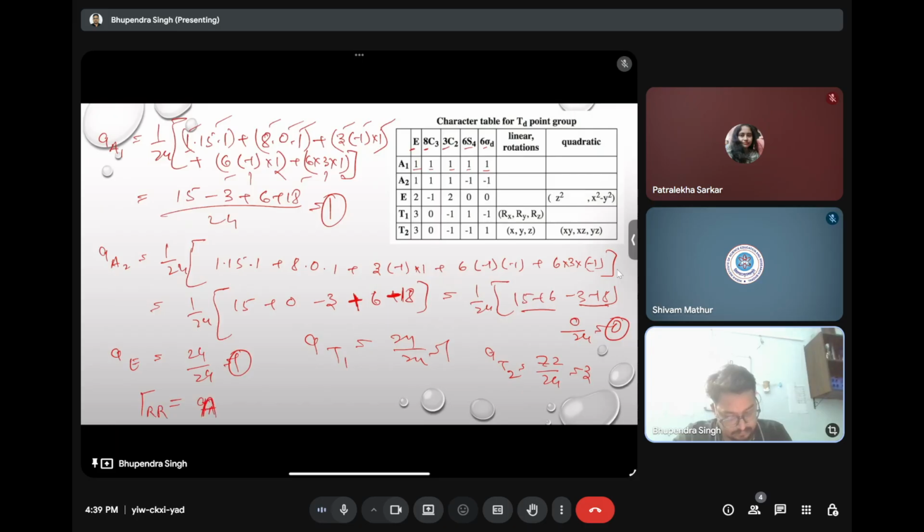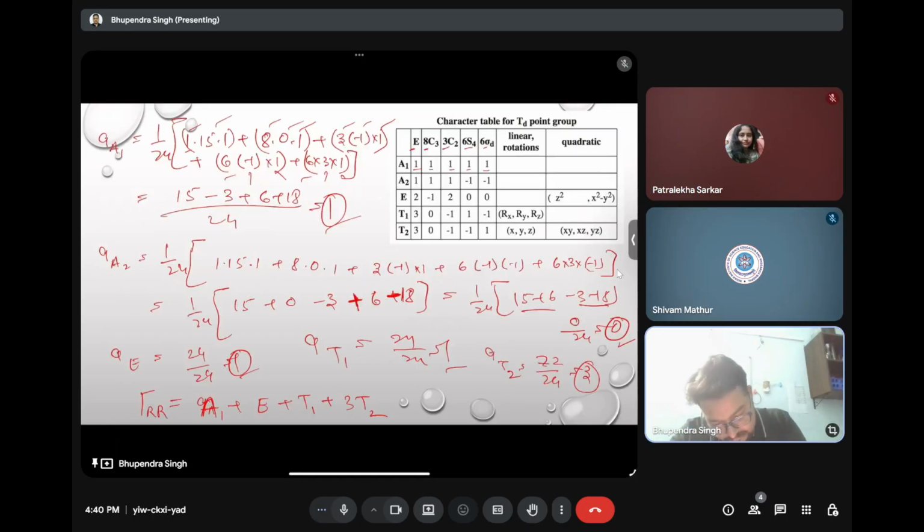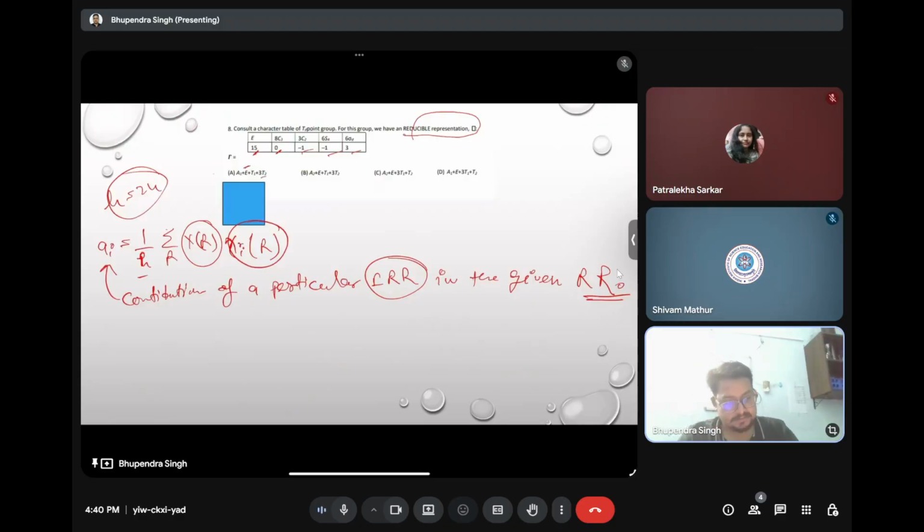This should be A1 plus A2 which is 0, E, T1 plus 3 T2, that is 1, 1, 0, 1, 3. So this is what the question asked. We have a reducible representation, 3T2, A1, E. A2 is not present. I think option A is correct.